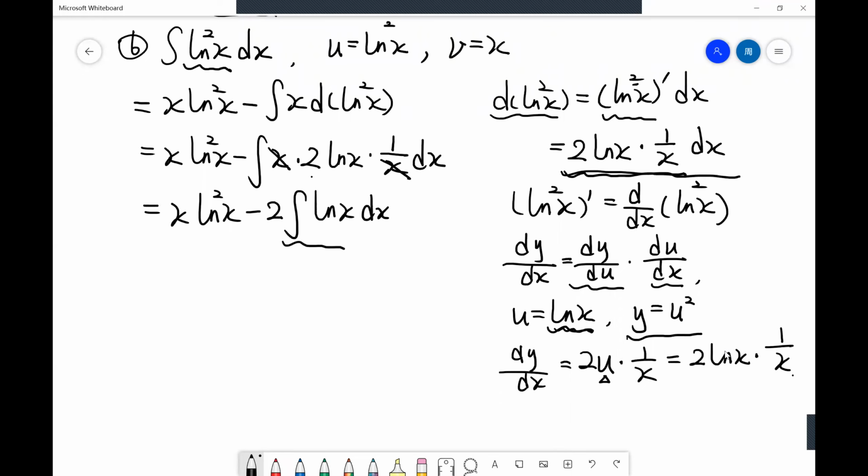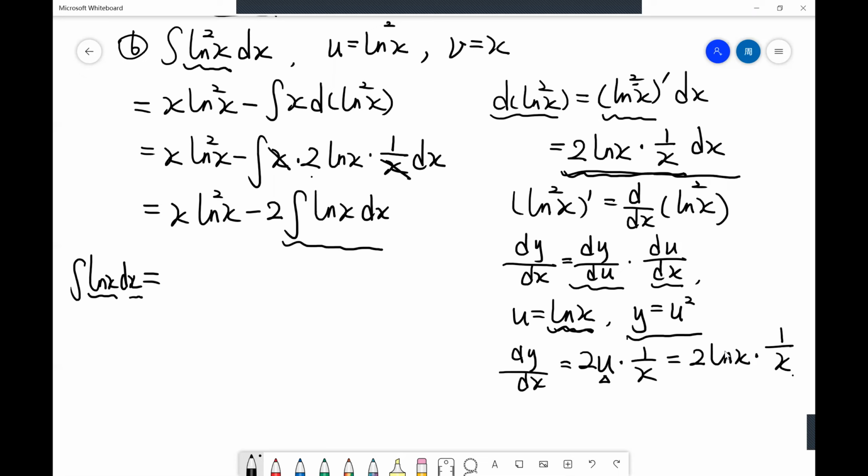Remember that this is the first example before we learn the integration by parts, right? So here we have to use integration by parts again. So we should know that integral of ln x dx. I will skip some steps here. I think you can understand.